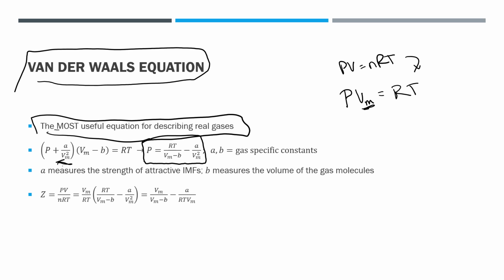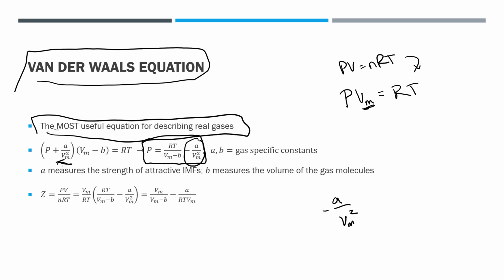Okay, so that's a lot of information. Let's break this down, right? What are each of these terms doing? First of all, look at this minus A over V molar squared. This is going to reduce the calculated value of the pressure. Why is it reducing the value of the pressure? This is because intermolecular forces are attractive, right?